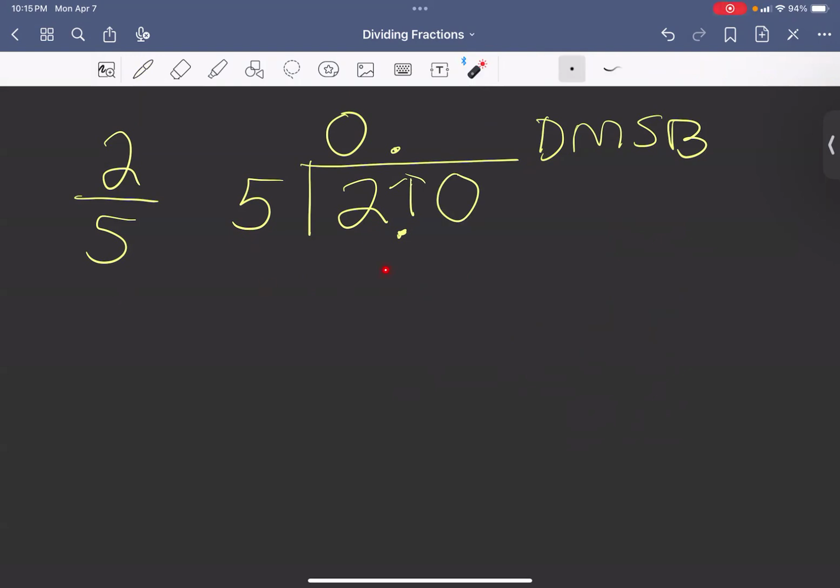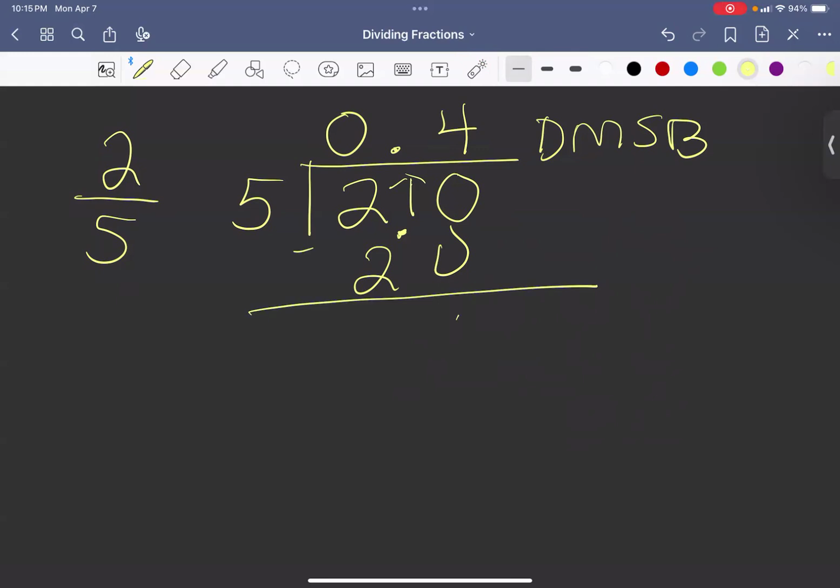The new number is 20. 5 goes into 20 4 times. 4 times 5 is 20. So I multiply. Now I need to subtract. 20 minus 20 is 0. So our answer is 0.4 or 4/10.